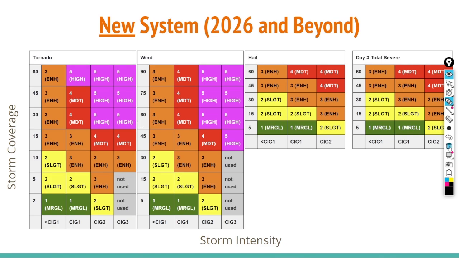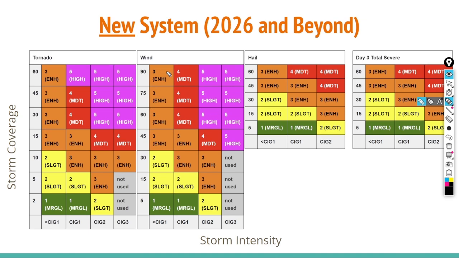We see it forming. We can now issue higher probabilities for that. And they did have a high risk for wind, but they usually never issued it back in their old system. But they now have a high risk for wind, mainly for the higher probabilities and higher intensity.